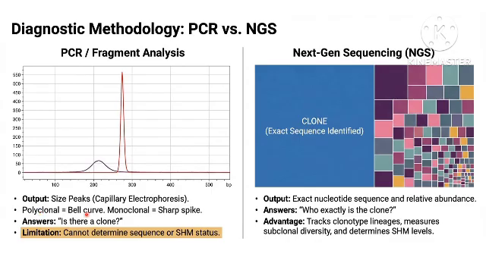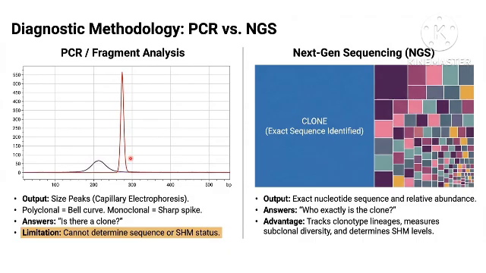A monoclonal population demonstrates a sharp spike. So what we can answer by doing PCR is, is there any clone, any clone which is probably a malignant clone? But we cannot determine the sequence of the clone, and we cannot determine somatic hypermutation status by doing simple PCR. We can only say whether the monoclonal population is there or not.